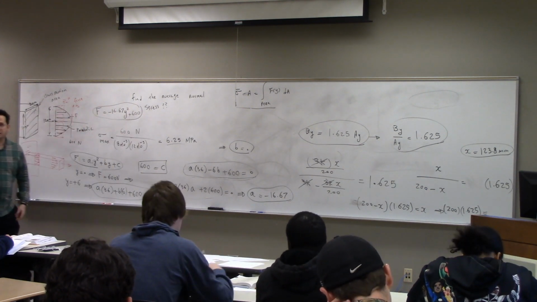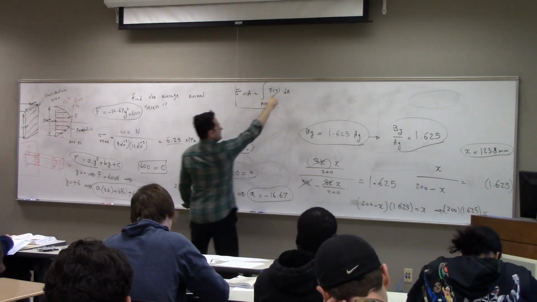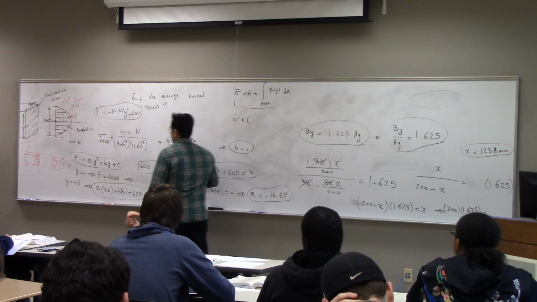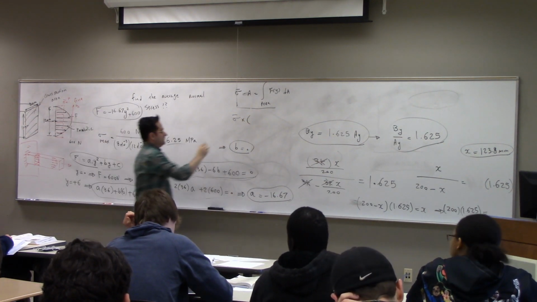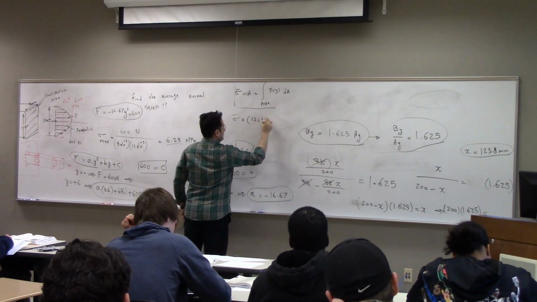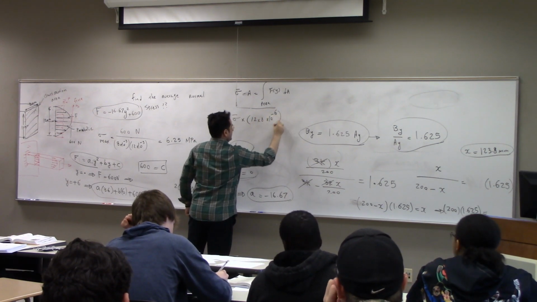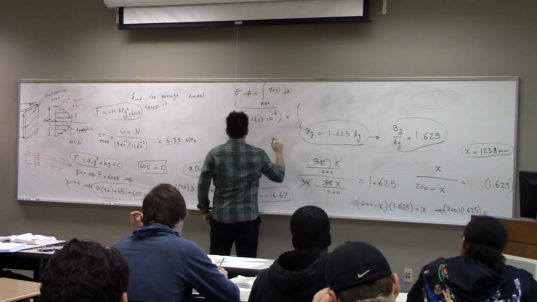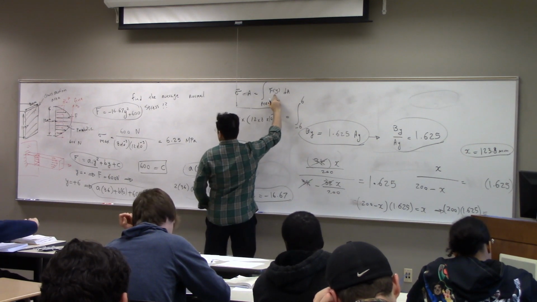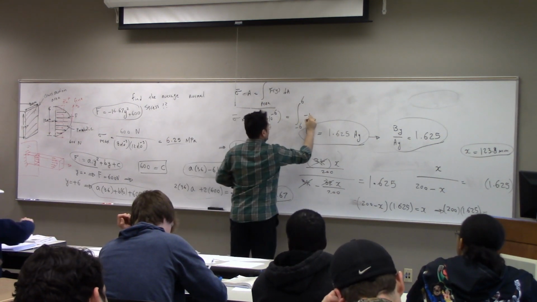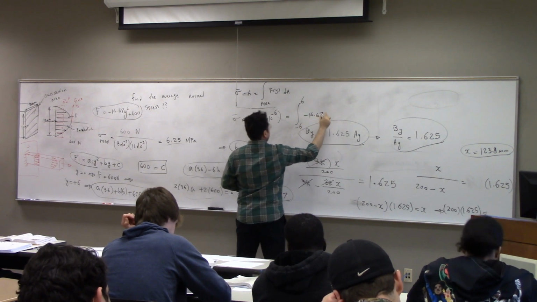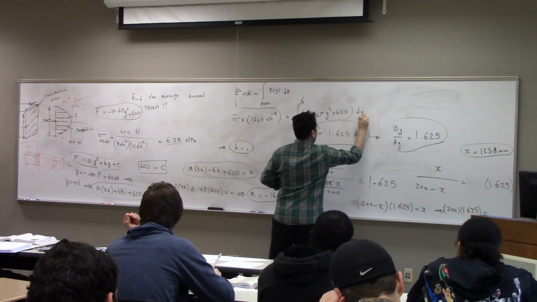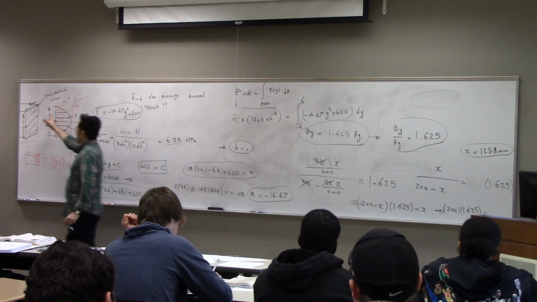That's your profile. Now put it in this integral. Then you get sigma average times area, 12 times 8, 10 to the negative 6, is equal to the integral from negative 6 to 6 of F of y, which is negative 16.67 y squared plus 600, dy, times the depth 8.